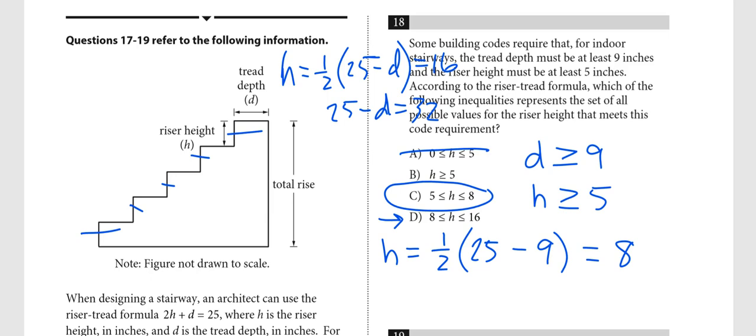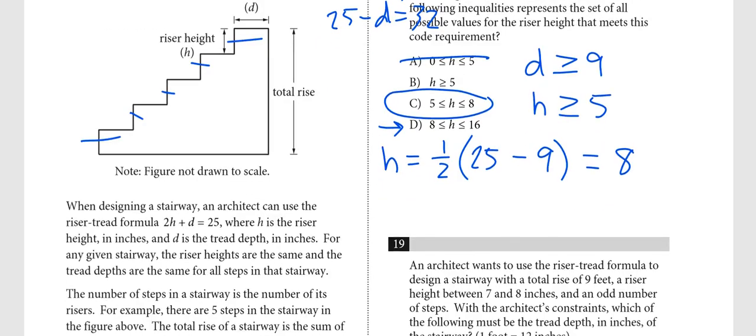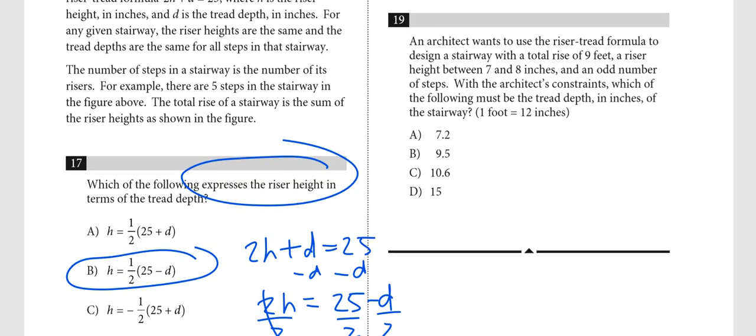But it has to be at least 9. There's no way that it can be 8. Right. So let me rethink this. I'm going to come back to this when you guys take a break here in a second. After we get through 19, I'm going to come back to this one and rethink it, because I agree with you. Something doesn't seem right there.